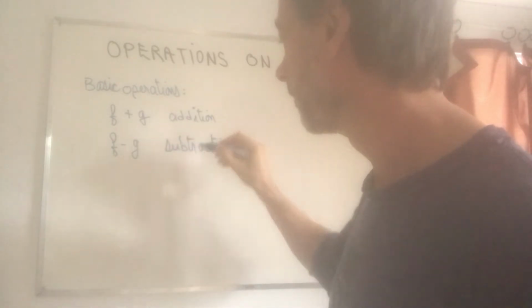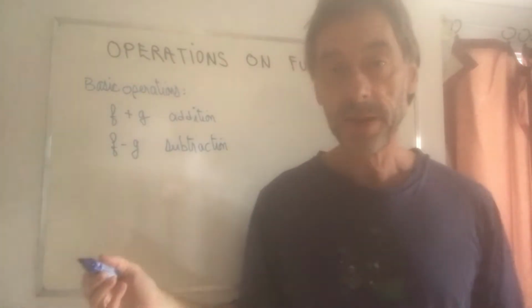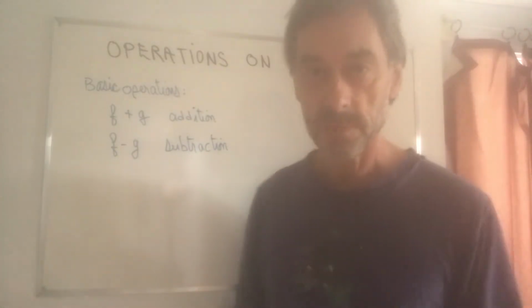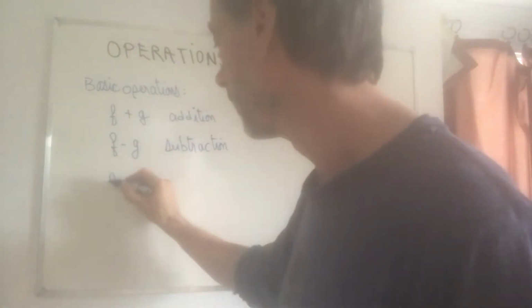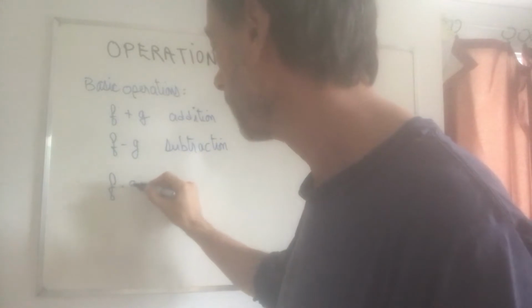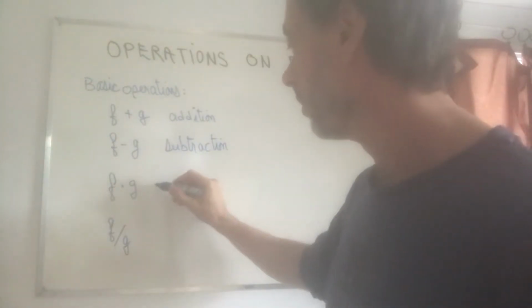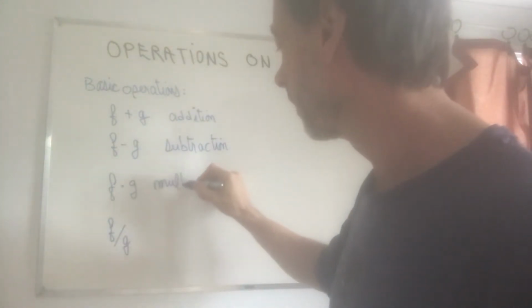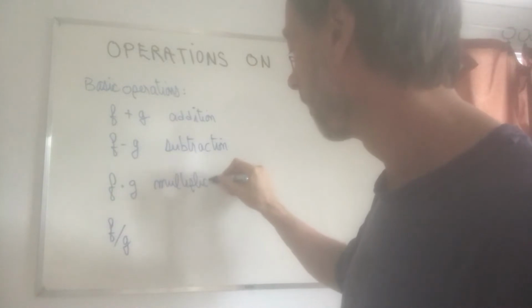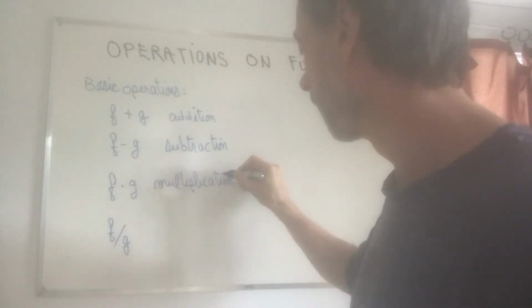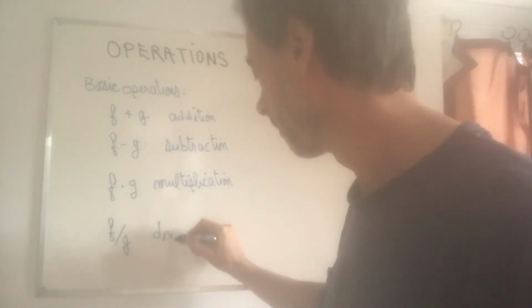Subtraction. And then, of course, the remaining two basic operations, multiplication and division. So f times g and f over g. So multiplication and division.